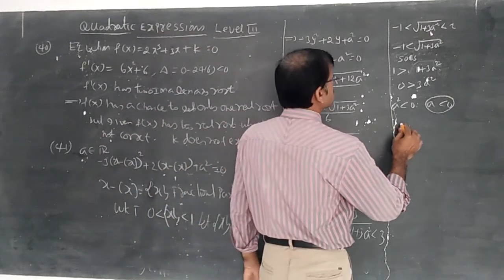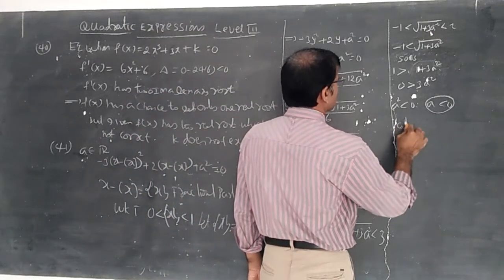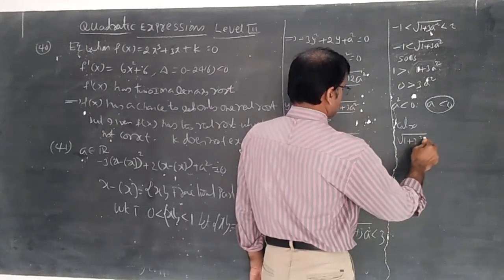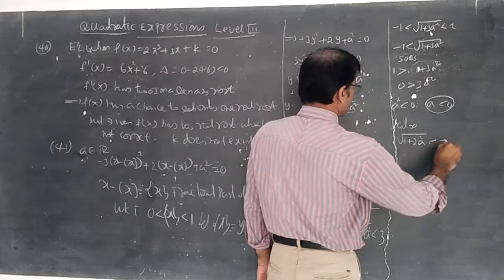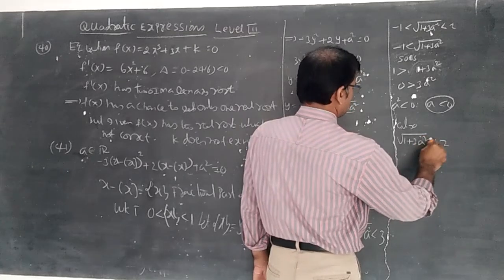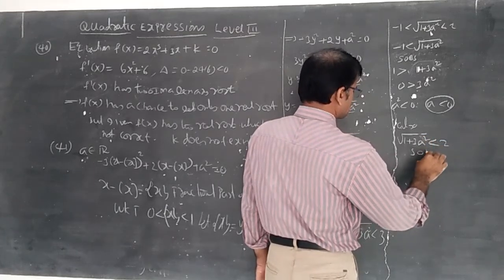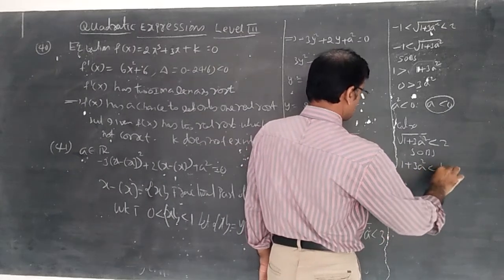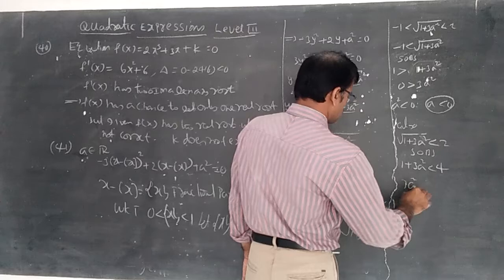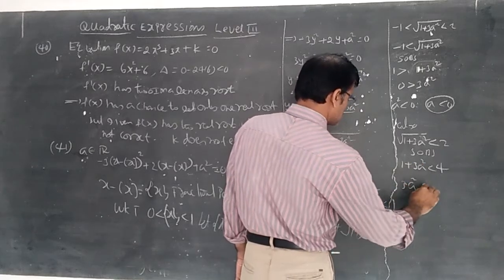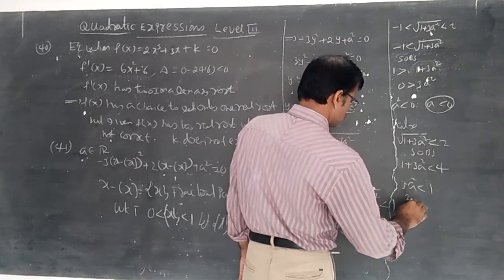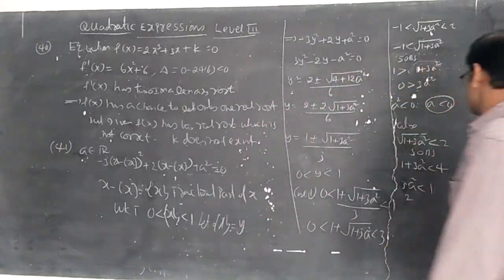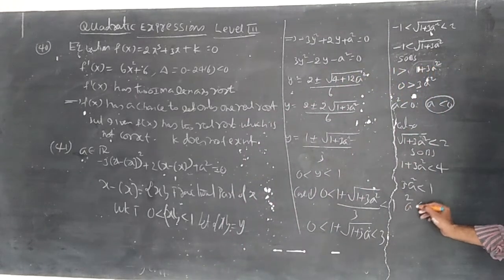Okay, next, case 2. Also I am writing root of 1 plus 3a square less than 2. Squaring both sides, 1 plus 3a square less than 4. Then you can write 3a square less than 3, so a square less than 1.